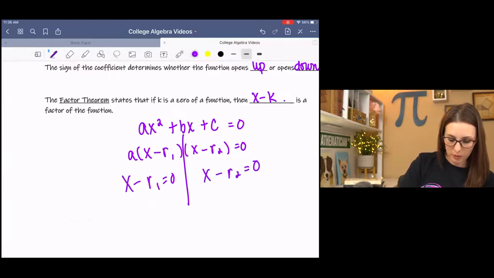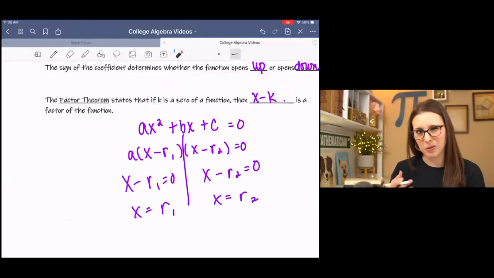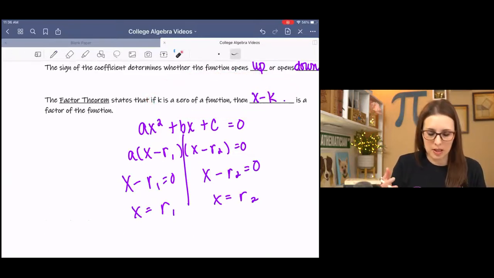In this case, we had r1. In this case, we had r2. And so what this is saying up here, instead of r, it's using k, but it's just a variable, so it means the same thing.